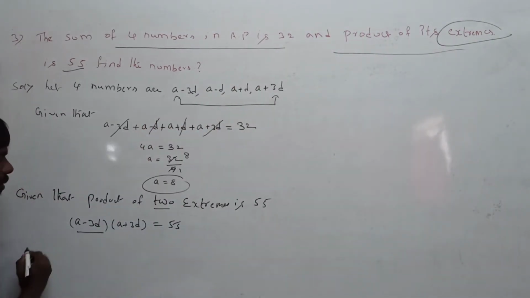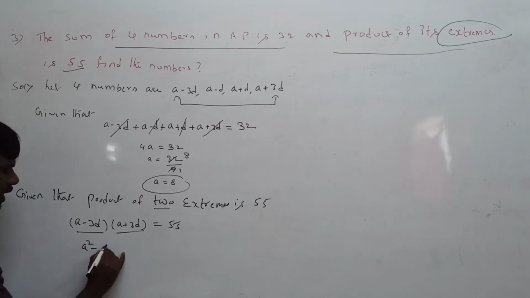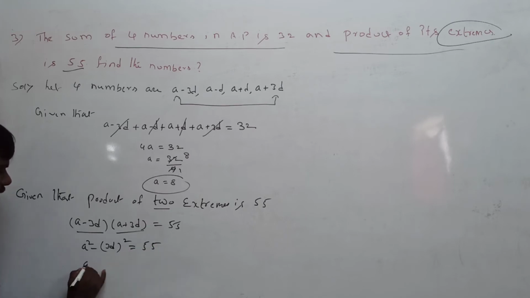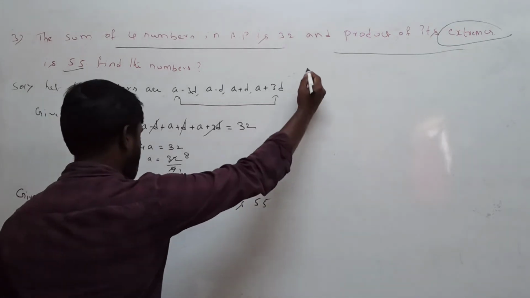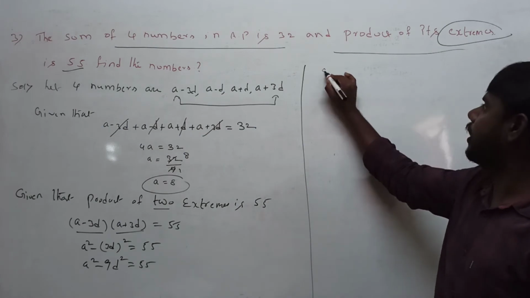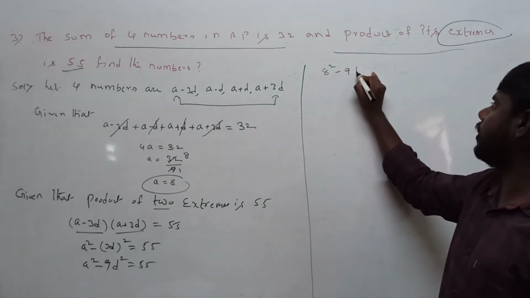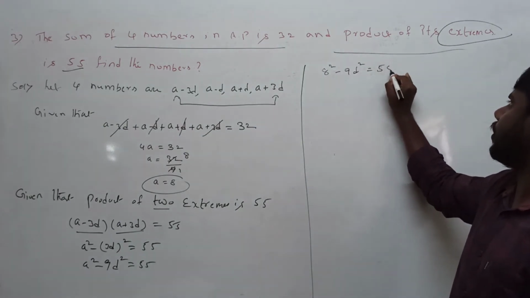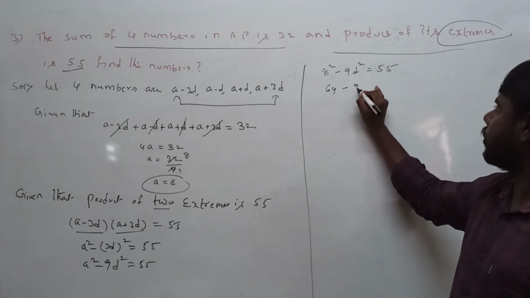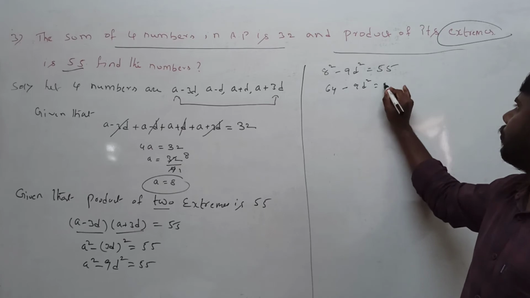Now applying a minus b into a plus b is equal to a square minus b square, equal to 55. So a square minus 3 square d square, where 3 squared is 9, is equal to 55. Substitute the a value: 8 square minus 9d square is equal to 55. 64 minus 9d square is equal to 55.